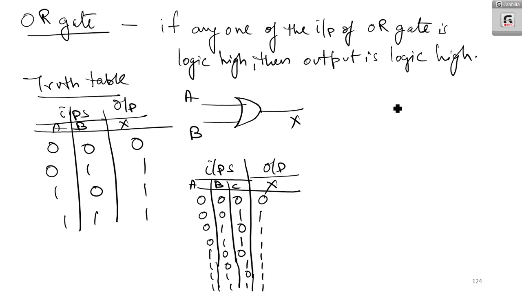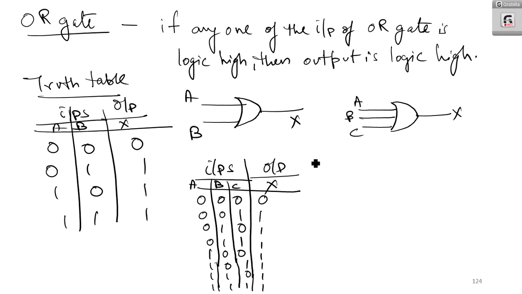So if you are drawing a 3-input OR gate, you can draw like this. So having A, B, and C. Here you are having X. That means if any one of the input of OR gate is logic high, then output is logic high.